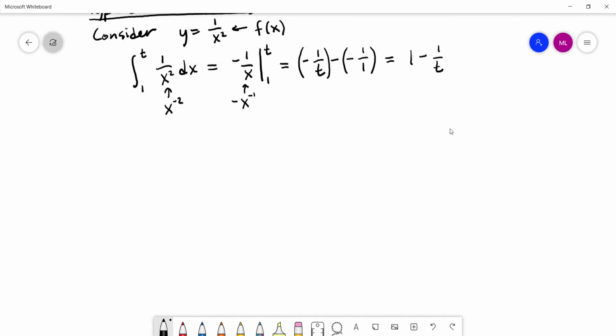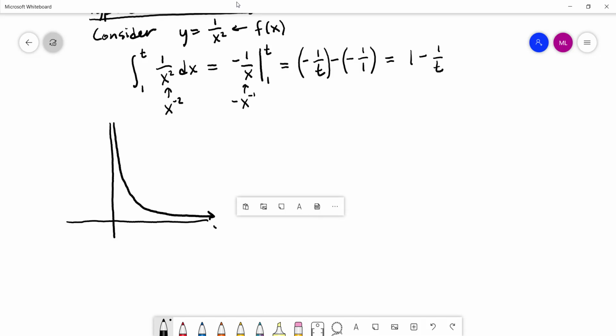So essentially what we're looking at is a picture, and let me draw this. Give you a quick sketch of 1 over x squared, our f of x that we're doing up here. It looks something like this, at least on the region that we care about. So here's x, here is y, and this f of x right here is 1 over x squared.